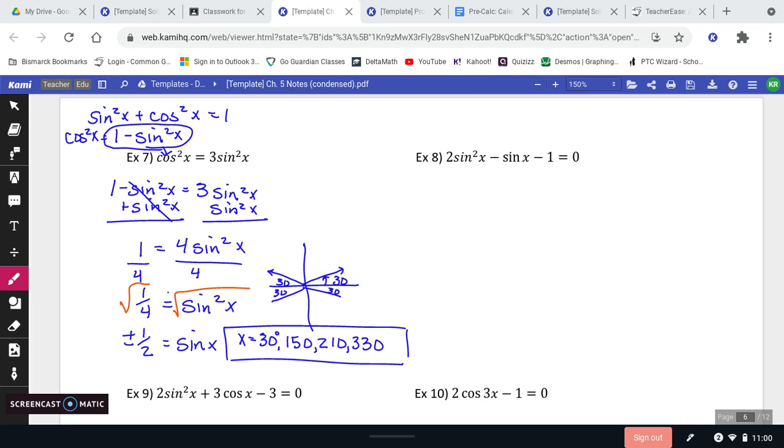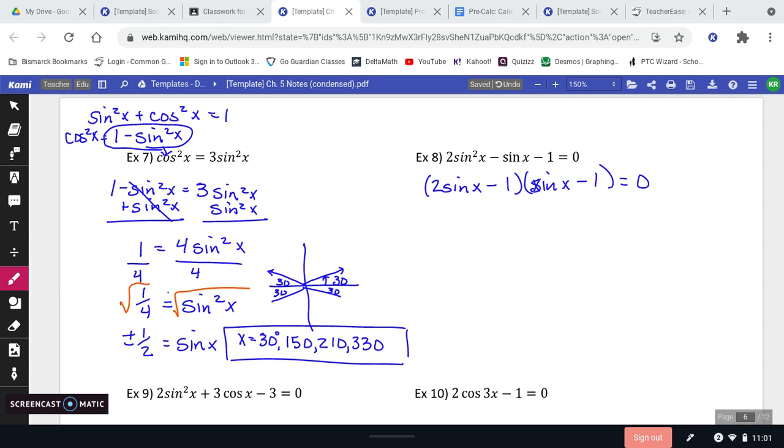Okay, so on number 8, this is a quadratic, so you can factor this. This is going to be cosine or 2 sine x minus 1, and then sine x minus 1.